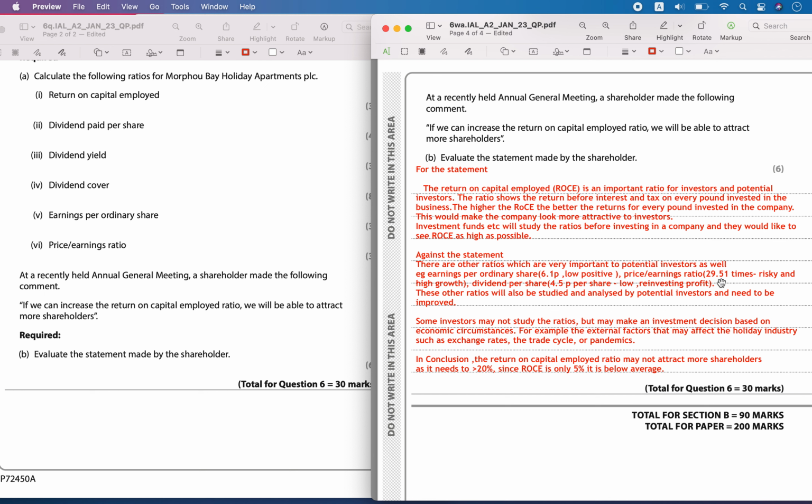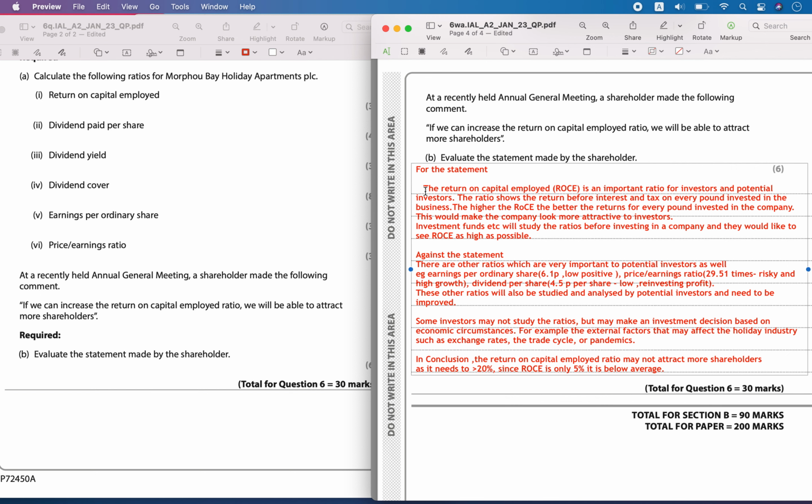Then the price earnings ratio is 29.51 times, which indicates it's risky and in a high growth path, which means they are already investing. And the dividend yield is also very low, only 4.5 pence per share. So these ratios are also important, and you need to improve them to attract shareholders.